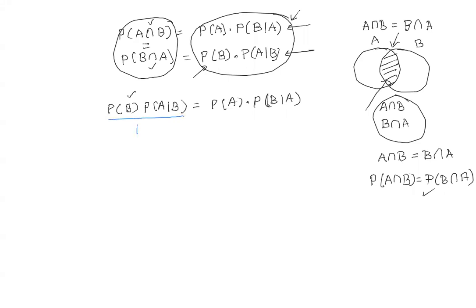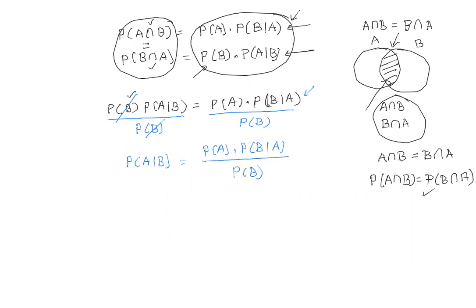So divide by probability of B, assuming that probability of B is not zero, because division by zero is not allowed. So these cancel out. That gives you probability of A given B is equal to probability of A times probability of B given A, which is the numerator, all of it divided by probability of B. Okay.